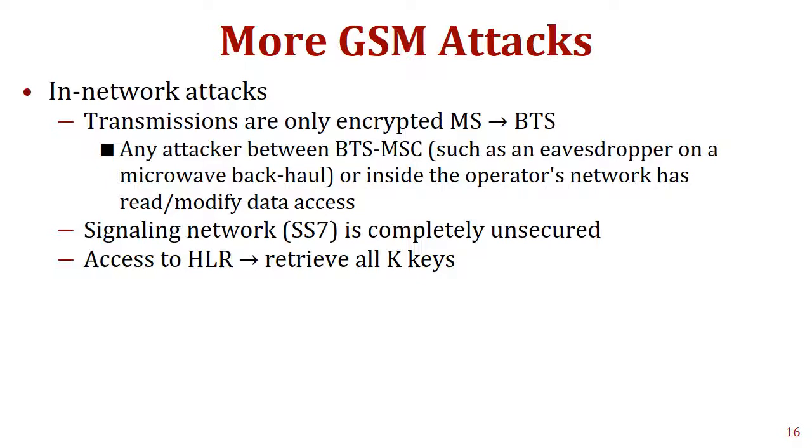For example, the transmission is only encrypted from the mobile station to the base station. So if there is any attacker between the BTS and MSC, they will still be able to look at all the data because that part of the link is not encrypted, and they can even modify the data.